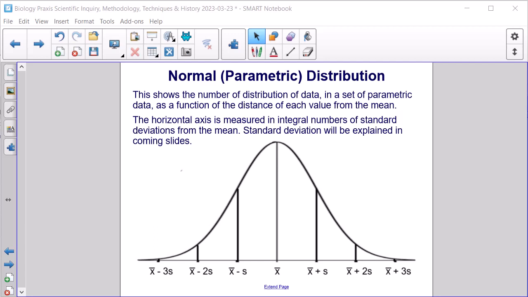We will explain that standard deviation in coming slides, but if this is the mean, then this is values within one standard deviation of the mean in either direction. Over here, encompassed by this area, are all values within 2 standard deviations of the mean. And out here at the extremes, we would encompass all of the values within 3 standard deviations of the mean.